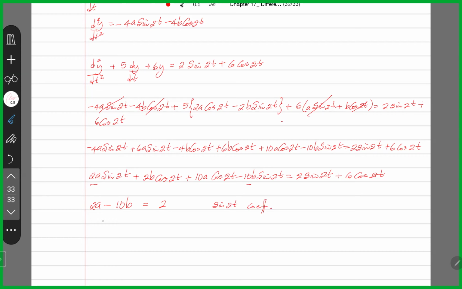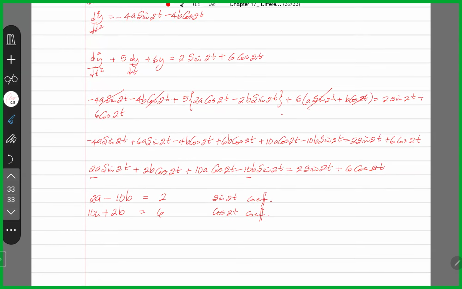And we have 2b plus 10a is equal to 6, and this is the cos 2t coefficient.